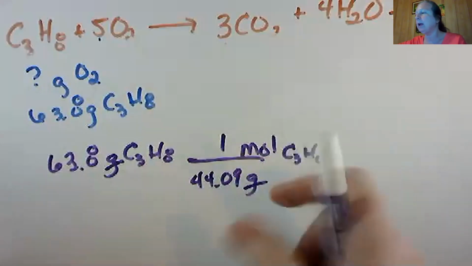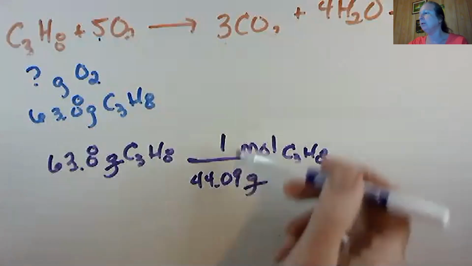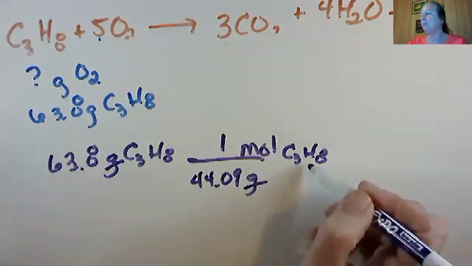I have a really bad habit of putting this upside down or putting the number at the top. That's why I always put the 1 as an anchor. So that's one of my things to check. So then we have 63.8 divided by 44.09. But I'm not done because I haven't answered my question. All I've done is change to moles.